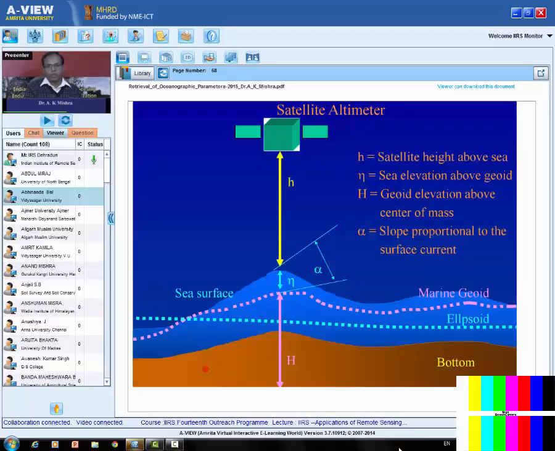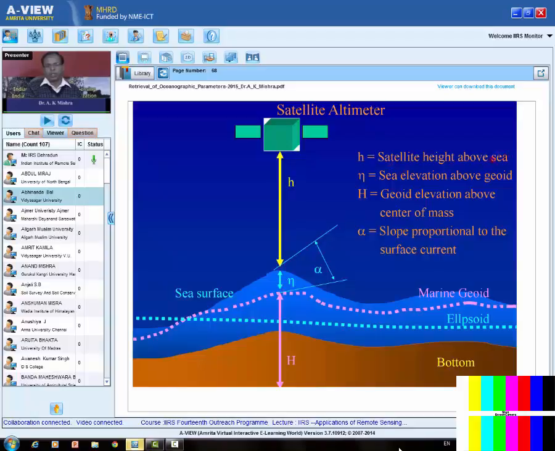So this is the bottom of the ocean, and this is the geoid of the ocean. Then this is the sea surface. So the height is measured by the satellite altimeter, and the orbital height referred to the ellipsoid is known, and if the geoid height is known, then you can get the zeta, the deviation of the sea surface above the geoid.